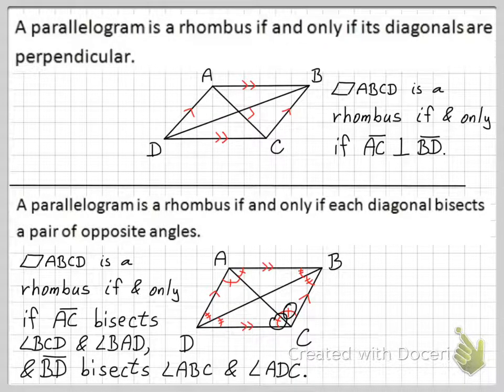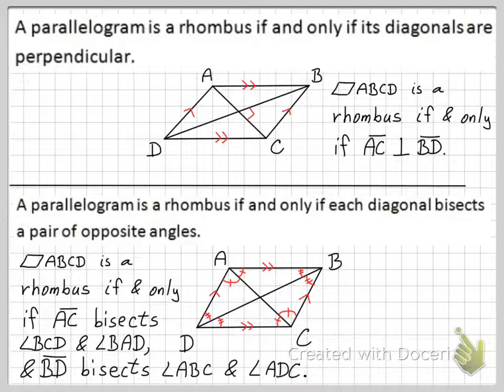That's why you have those tick marks there. And BAD, the same with this angle here, and it bisects that. So they're all congruent. And also line segment BD has to do the same with angle ABC and angle ADC. It has to bisect those angles. So if each diagonal bisects a pair of opposite angles, then that parallelogram is a rhombus.